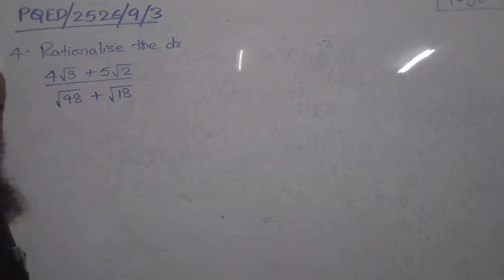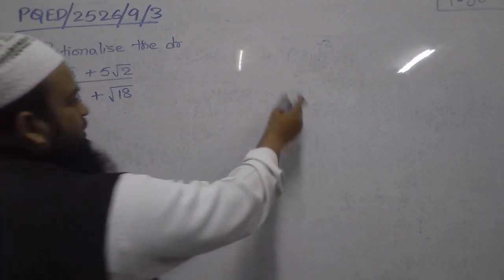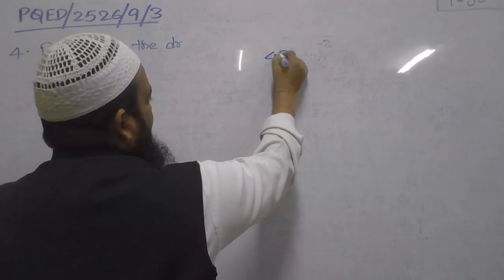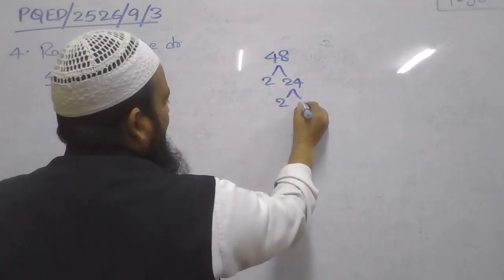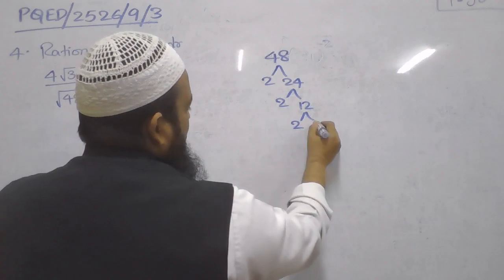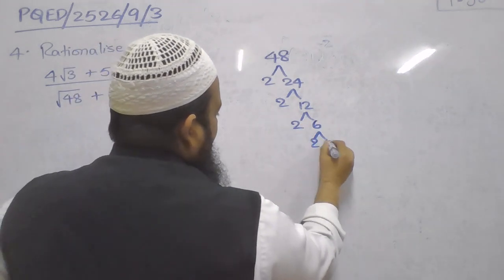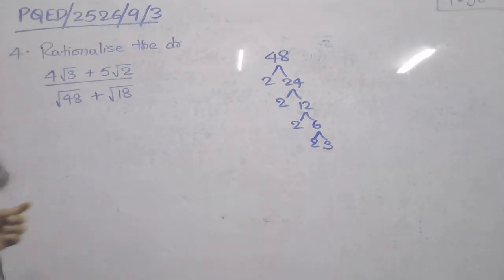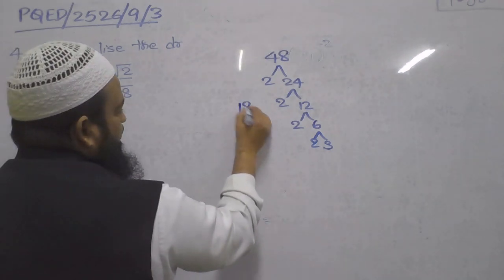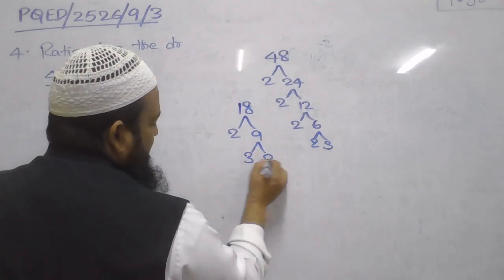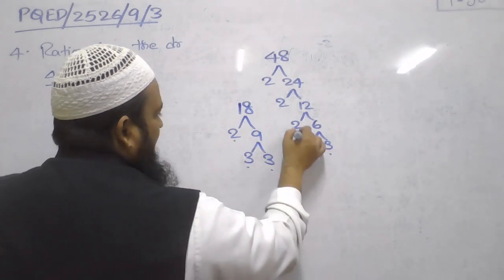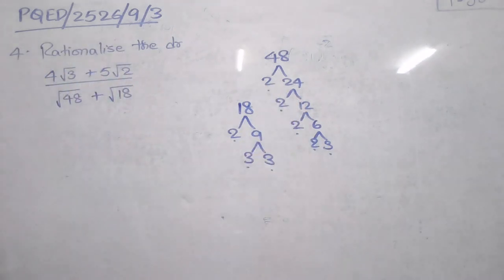But 48 is not a prime number, right? Just now we have done it, but let me do it one more time. So 48 is 2 times 24, and 2 times 12, and 2 times 6, and 2 times 3, right? And 18, how will you do it? 2 times 9, and 3 times 3. So everything is a prime number, right?